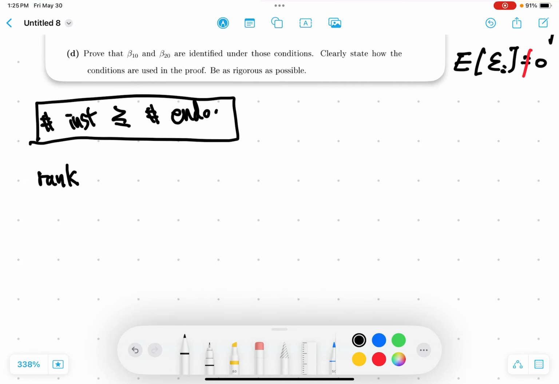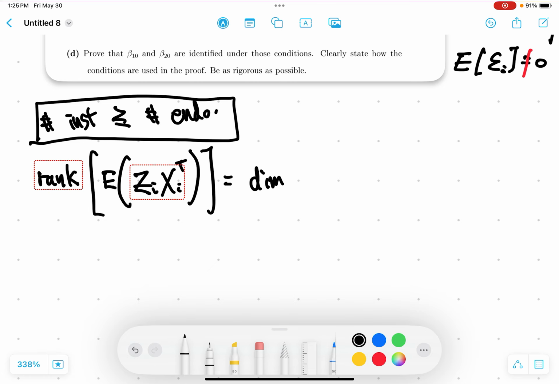The correct rank condition is that the rank of the expectation equals the dimension of beta. Okay, let's count the dimension. So z is m by 1 and x is 1 by k and beta is k by 1.